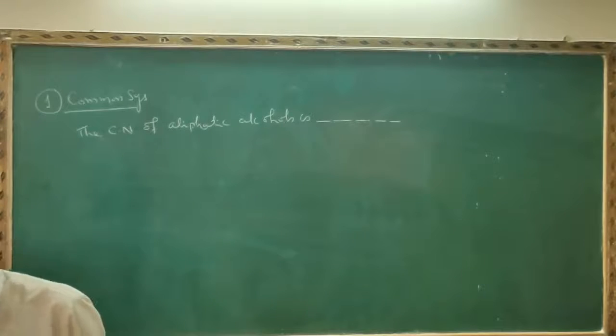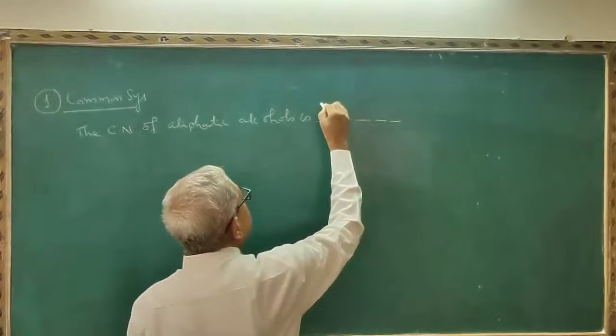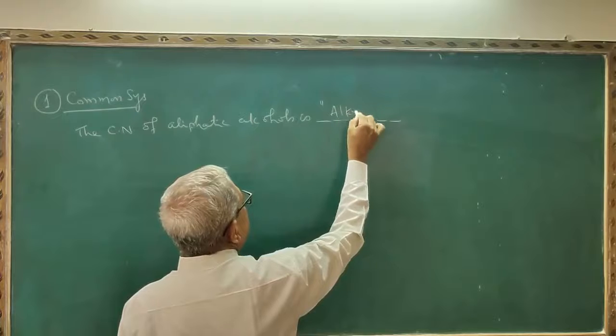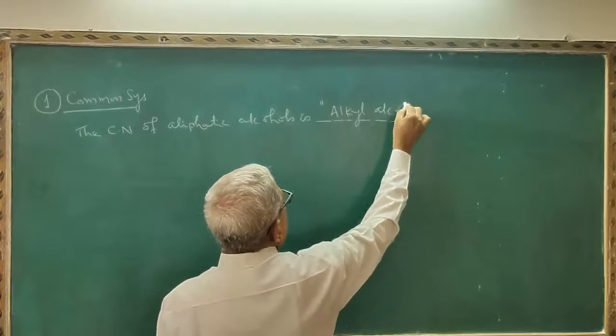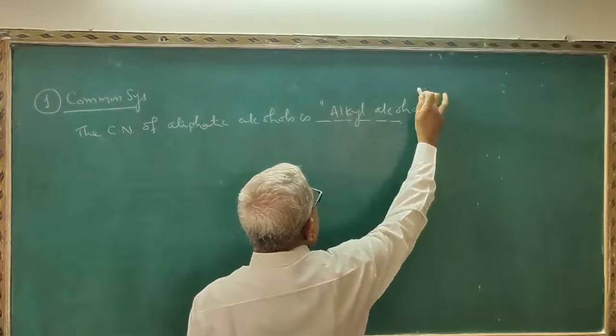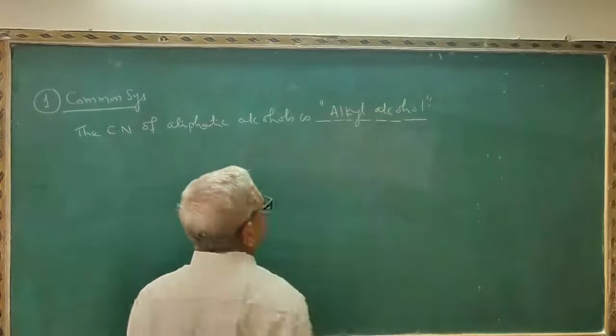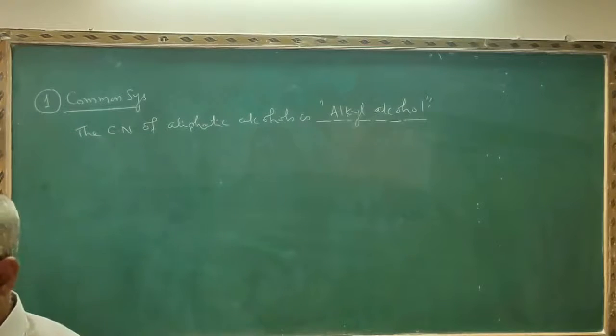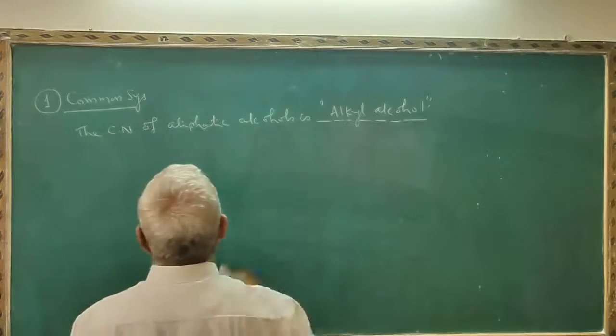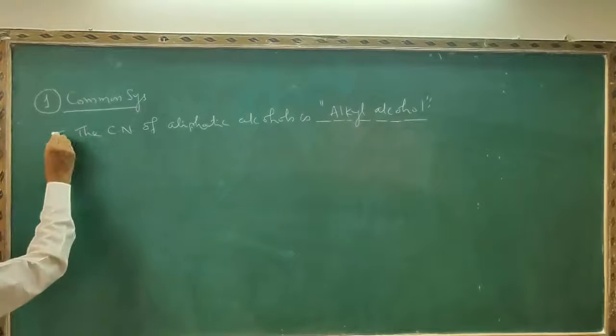This is the first question. Answer is alkyl alcohol. First write the name of the term alkyl, just like methyl, ethyl, propyl, in this way, and last the term alcohol. This is the first question.